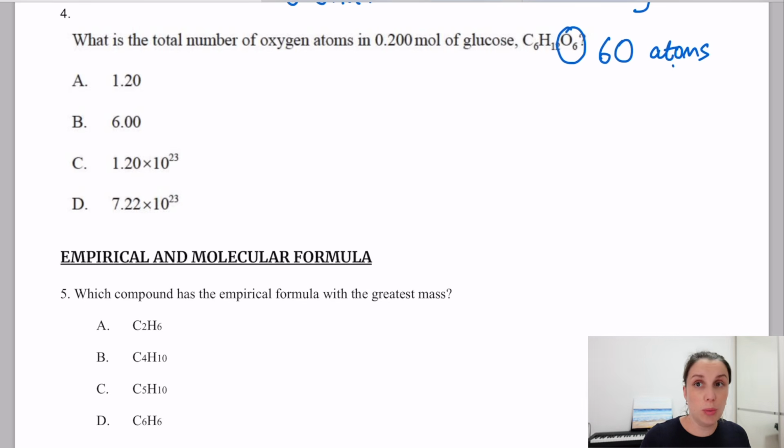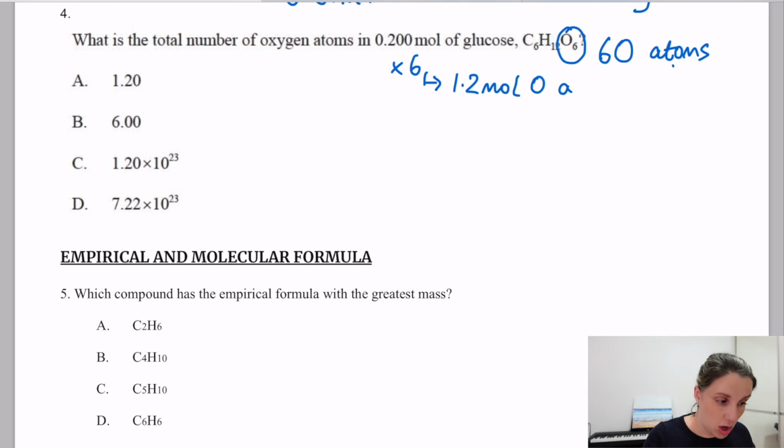So if I've got 0.2 moles of glucose, then within that I need to times this number by 6 to work out how many oxygens I've got. So overall, this means that you would have 1.2 moles of oxygen atoms.